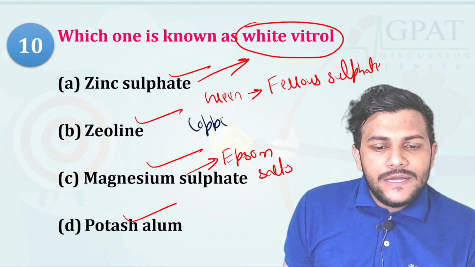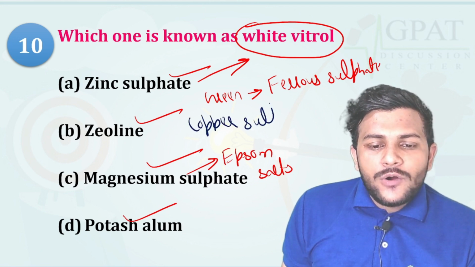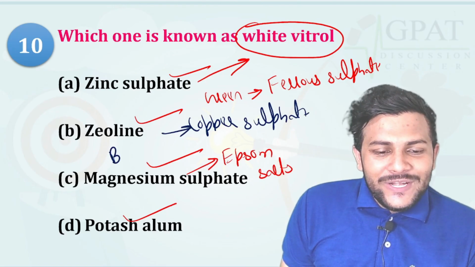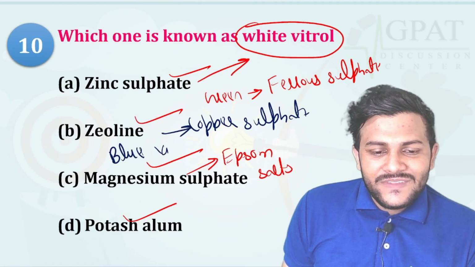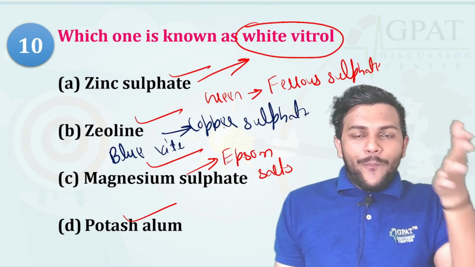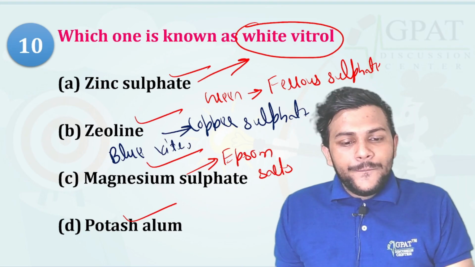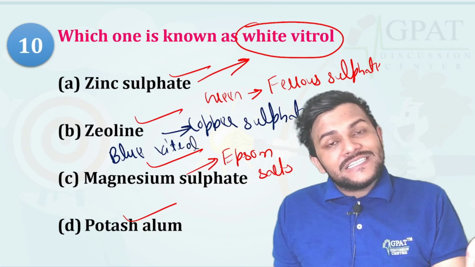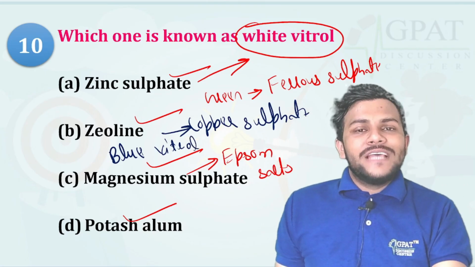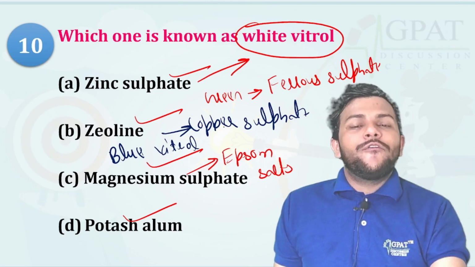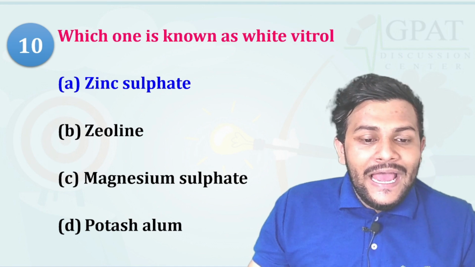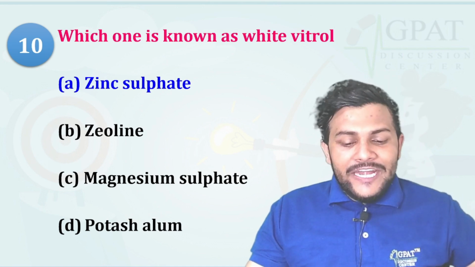Don't ignore these things. What about copper sulfate? Copper sulfate is blue vitriol. So green vitriol is ferrous sulfate, copper sulfate is blue vitriol, and zinc sulfate is white vitriol. One question, four options, four new concepts. So zinc sulfate is white vitriol.